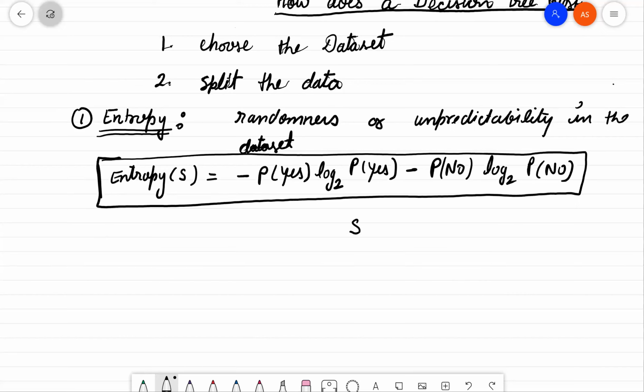Here S is the sample space, and P of yes is the probability of yes.